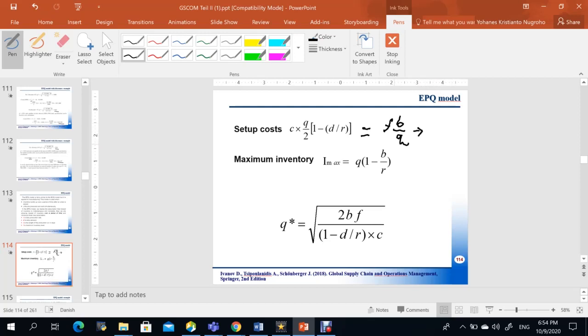By multiplying by Q, we have C Q squared over 2 times 1 minus D divided by R equal to FB.